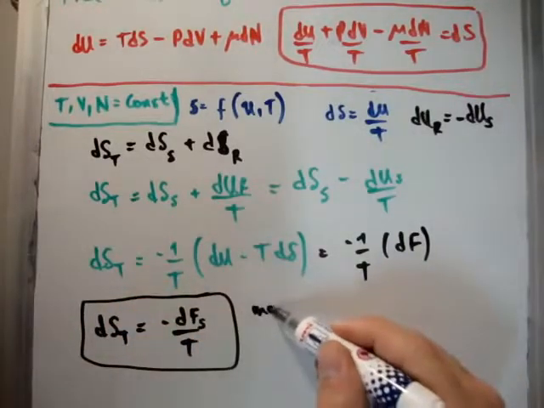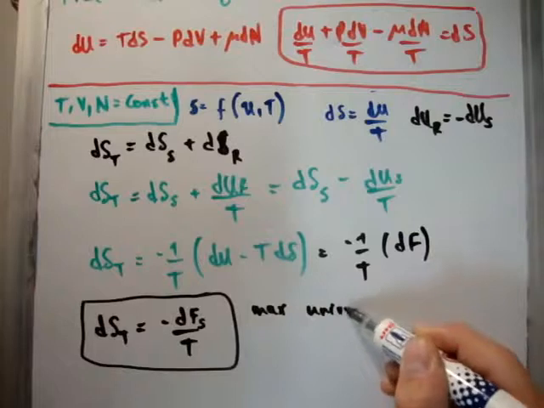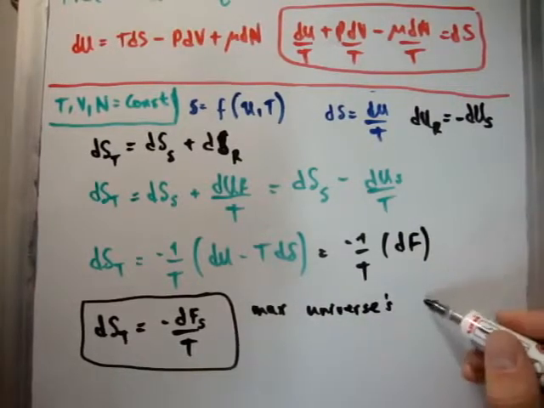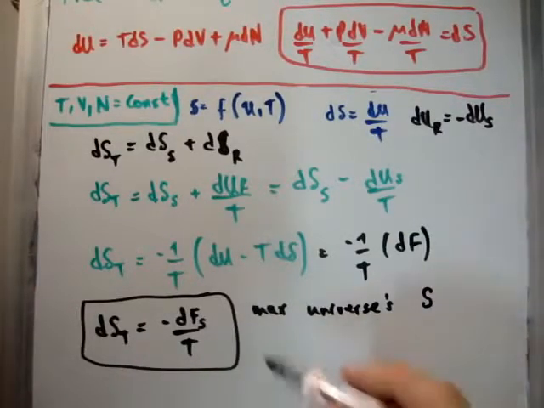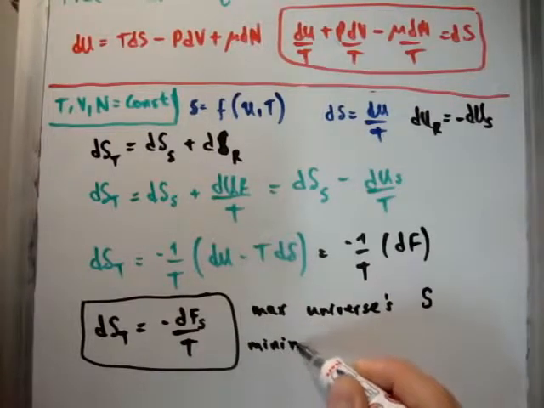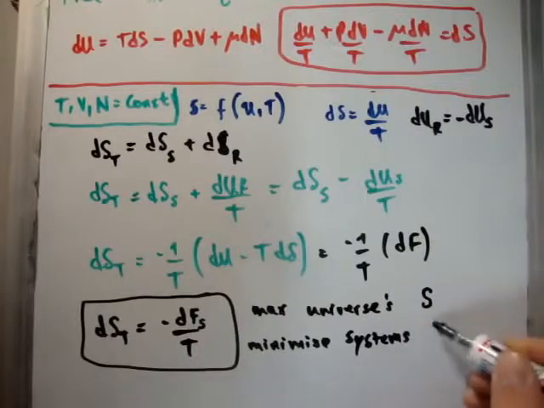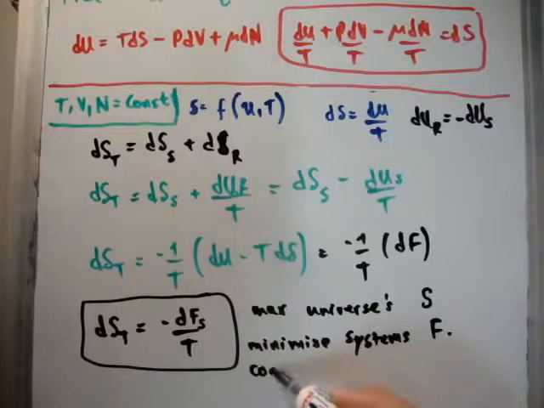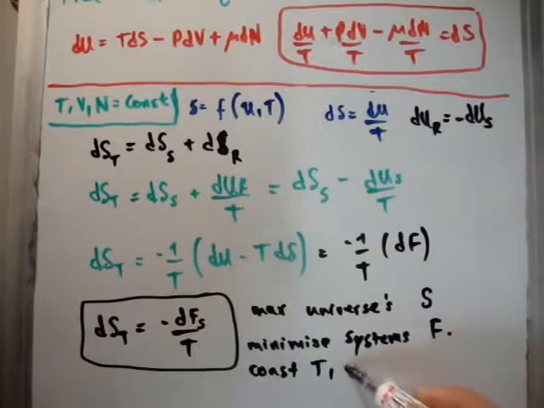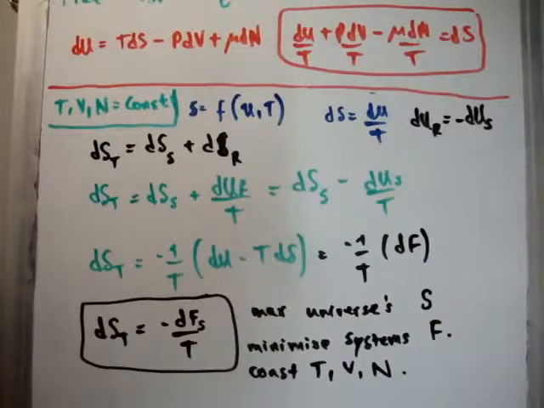So in order to maximize the universe's entropy, you need to minimize the system's F, and that's at constant temperature, volume, and number of particles. Okay, so that's that. Maximize the universe's entropy, minimize the system's Helmholtz free energy at constant volume, number of particles, and temperature.